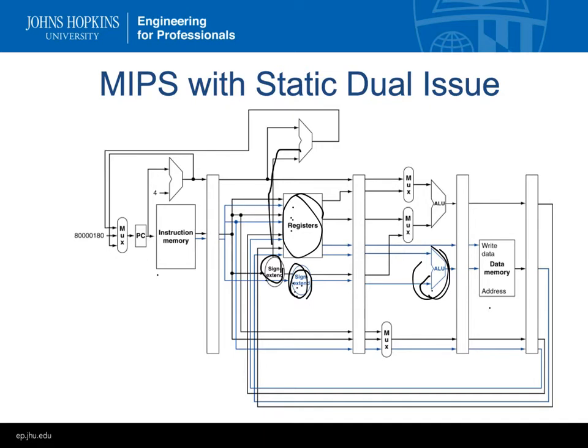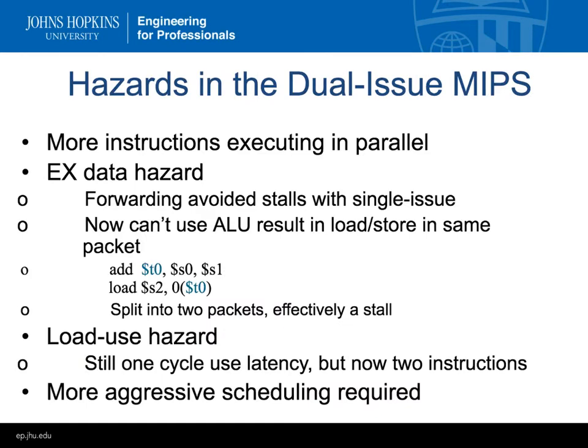But you can't put 2 R types at a time, because this one isn't taking 2 inputs from a register, it's just taking one. So again, you can't have a hazard in the packet, so you can't put these 2 together, because this load depends on the result of that add.